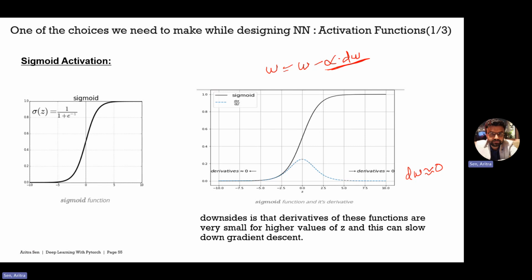So the weight updates will not happen properly, or will be of very small magnitude when you are using the sigmoid activation function. It can also slow down the gradient descent convergence because we are taking small steps where the derivatives are very close to zero.